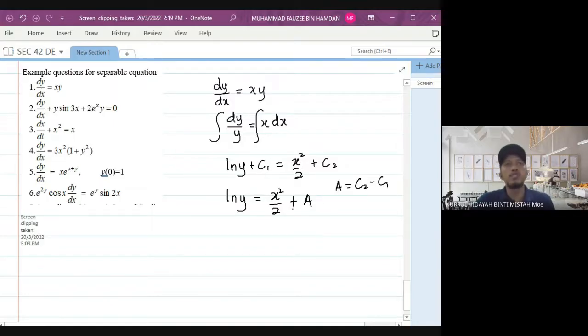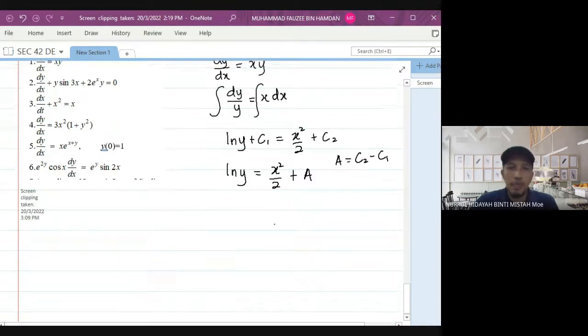If you want to simplify, make sure your method is correct. Sometimes, students, when you want to simplify the answer, it goes from a correct answer to a wrong answer. So please be careful. If you want to simplify your answer like this one, ln y equals x squared over 2 plus a, how do we remove ln so that our answer is only y?